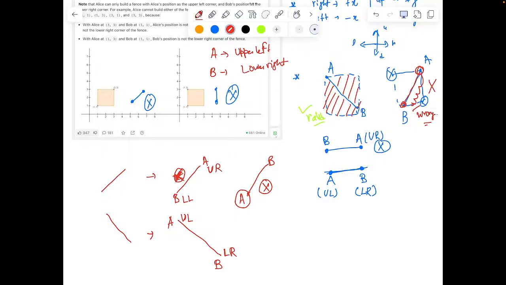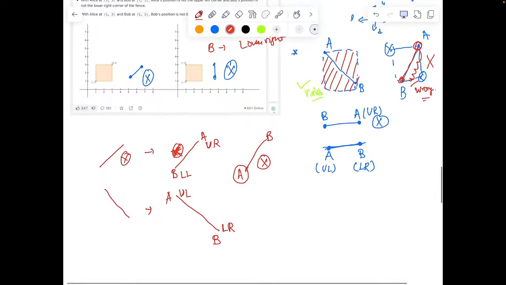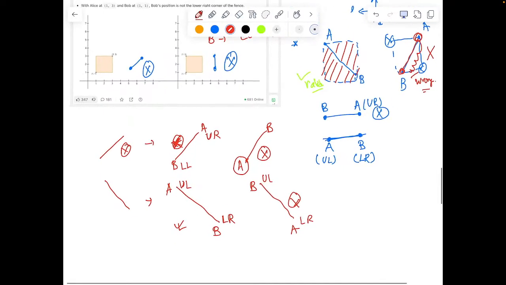Both of these were not correct, right? So this case is entirely rejected. So this case is accepted. If I do A over here and B over here, this will not work because this is your upper left and this is your lower right, which is not good because A has to be upper left.